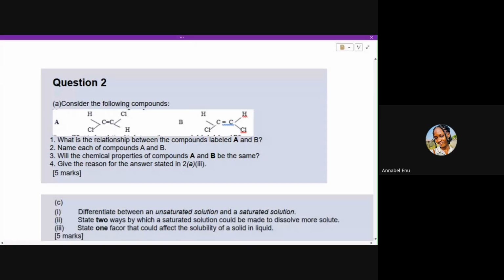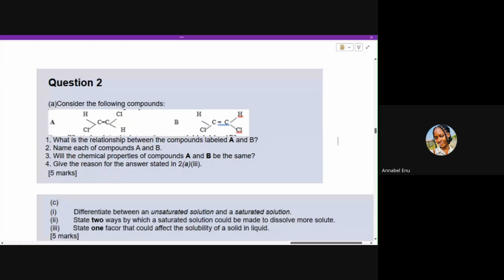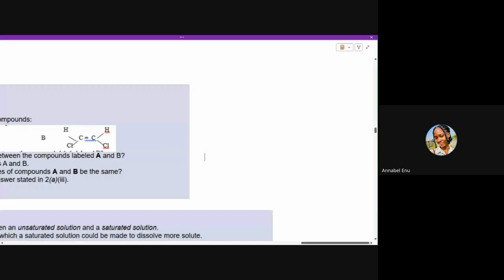Just to recap what we talked about in the last class: if I have this kind of structure, what type of alcohol is this?